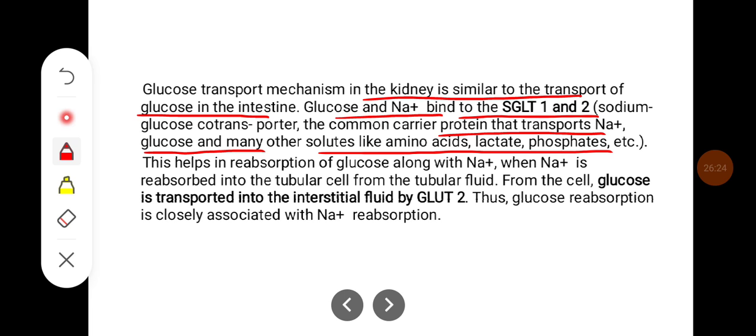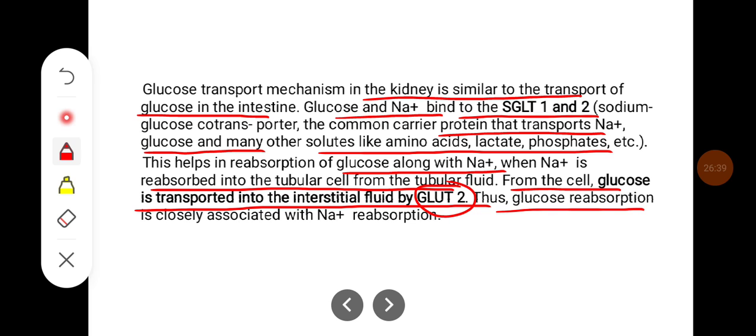This helps in the reabsorption of glucose along with sodium when sodium is reabsorbed into the tubular cells from the tubular fluid. From the cell, glucose is transported into the interstitial fluid by GLUT2 transporters. Thus, the glucose reabsorption is closely associated with sodium reabsorption.